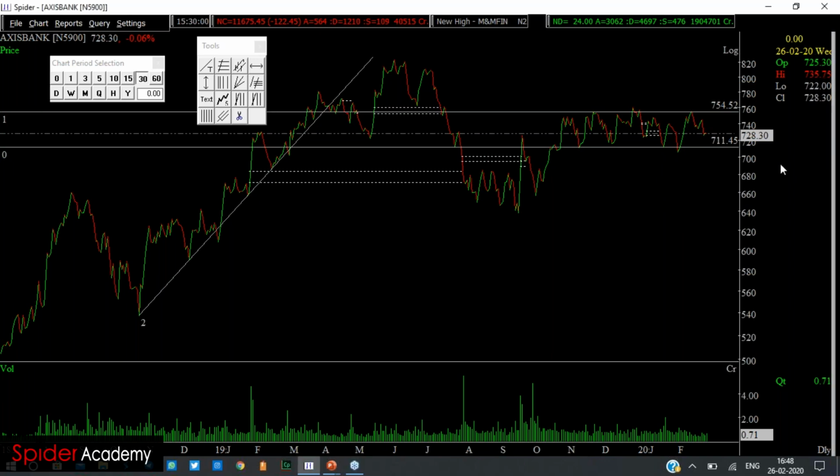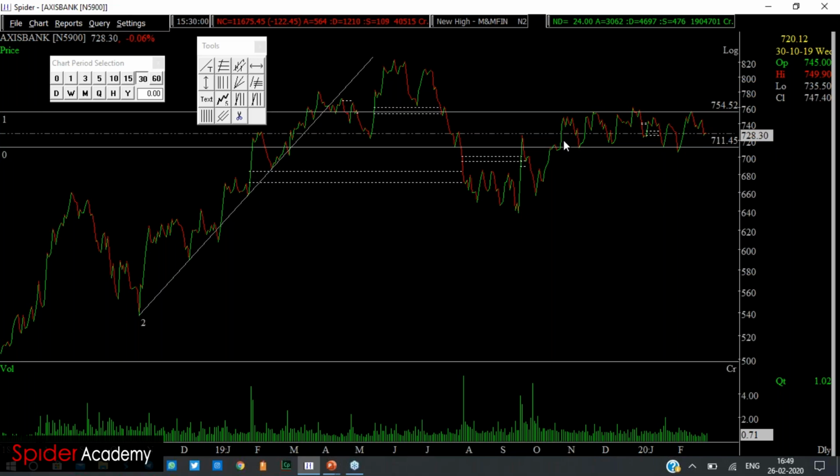You are showing Axis Bank here. Mr. Gaurav Sega ji is asking, at what point in time will you conclude that Axis Bank is moving in a range? Over here, I can clearly see that it's forming a range. Generally, when a stock is moving at 5% high minus low, that is considered to be a consolidation zone.